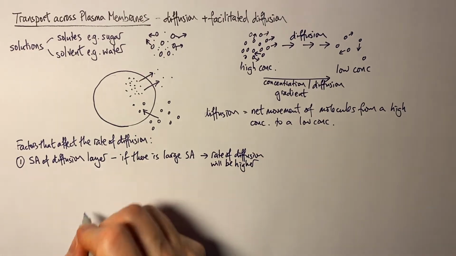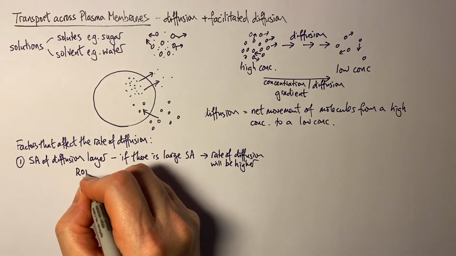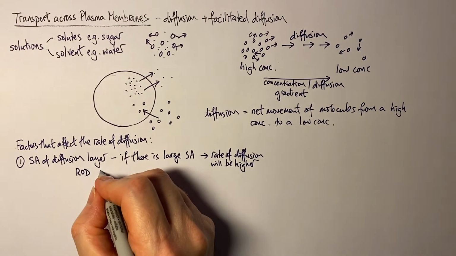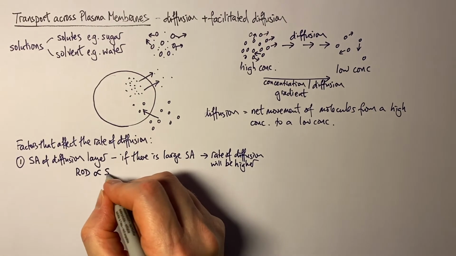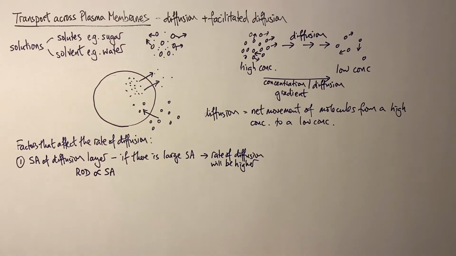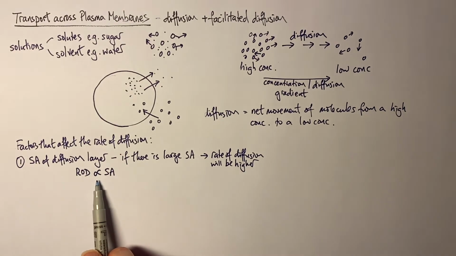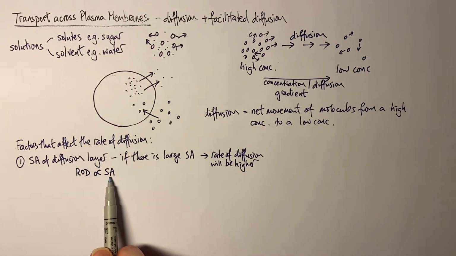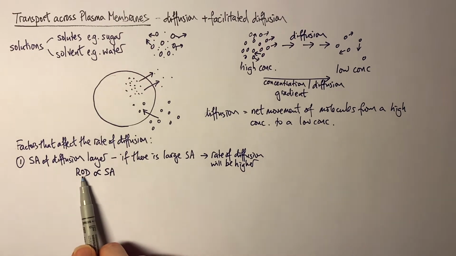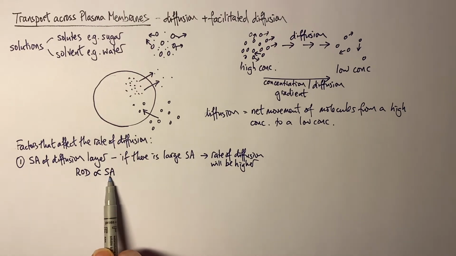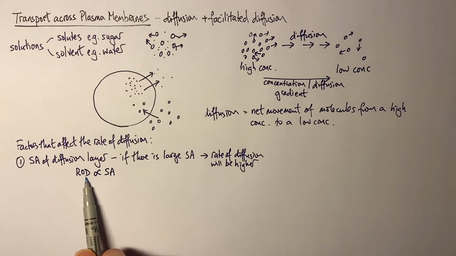So we can say the rate of diffusion is proportional to the surface area. Proportional means that as this increases, that increases the same. So if we double the surface area, we will double the rate of diffusion.